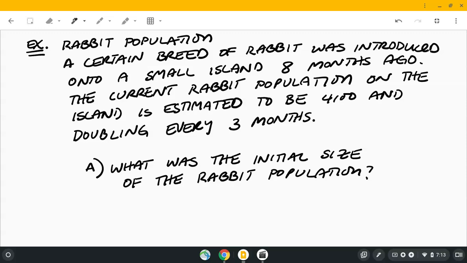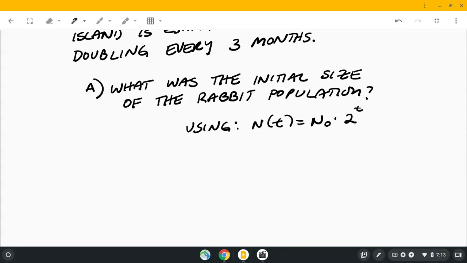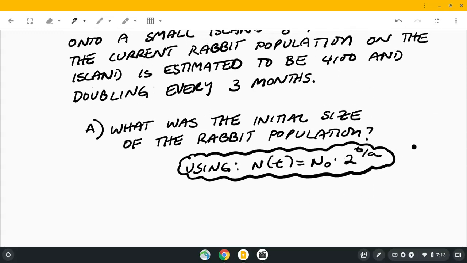Again, using our doubling function, N of t, which equals the initial amount times 2 to the t over a. So using this, let's see what we can get. We need to find the initial size, so that's N naught. So the question is, what other pieces of information do we have?